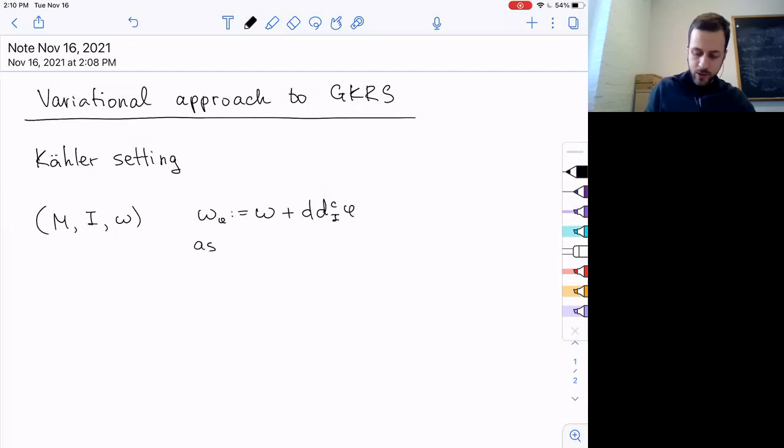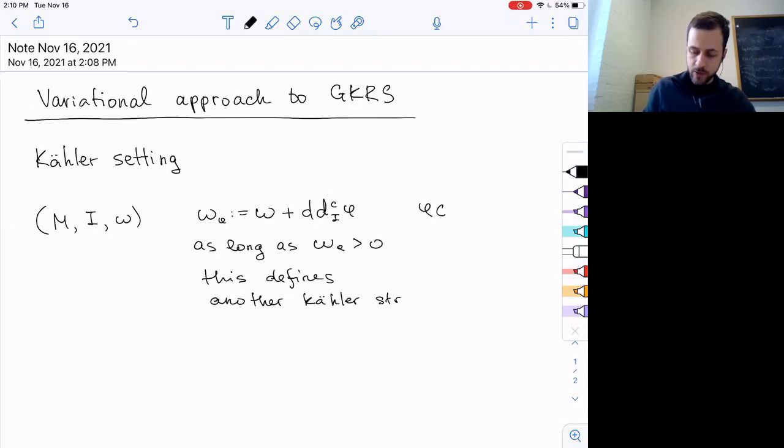And as long as omega_phi is positive definite, this defines another Kähler structure. Here phi is a smooth function on your manifold.